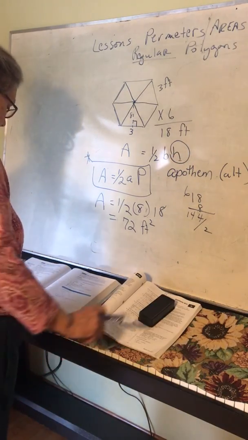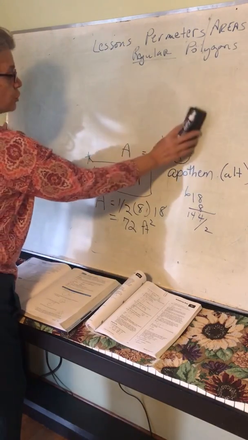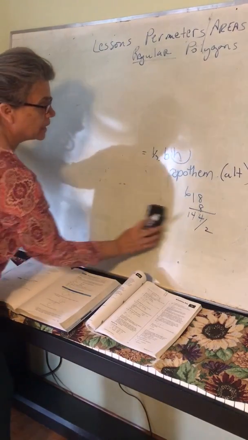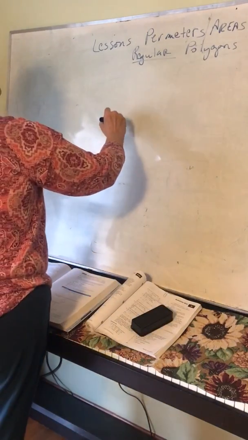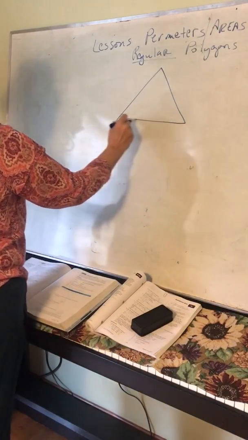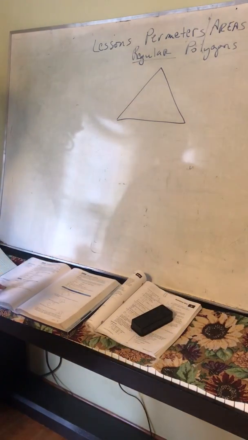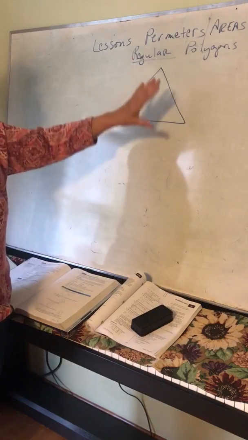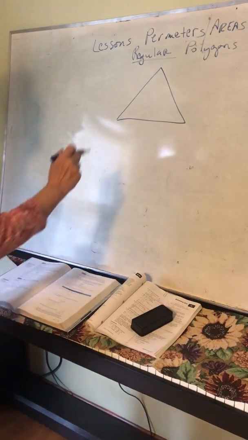Okay, that's all there is to it. Now, say you have an equilateral triangle. This equilateral triangle has all the same sides, congruent sides. It's a regular polygon.